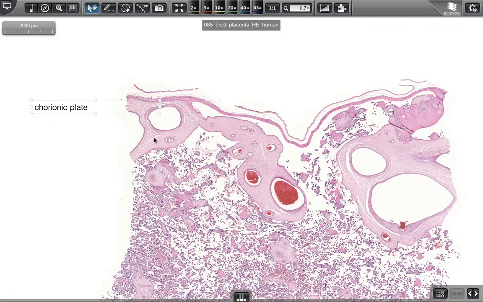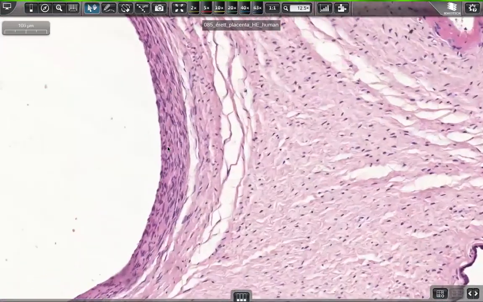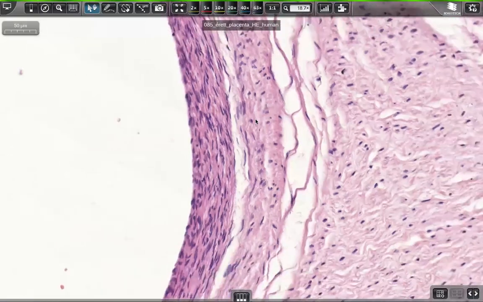So the chorionic plate has the fetal vessels, the umbilical arteries, veins, surrounded by chorionic mesoderm. So this connective tissue surrounding the vessels is called chorionic mesoderm. Here we can see the vessels, that they are typical vessels having endothelial cells, muscle layer, adventitia, nothing special.